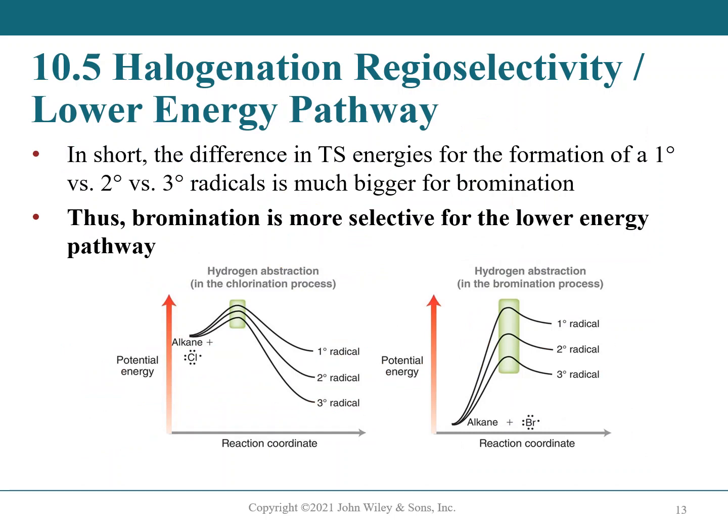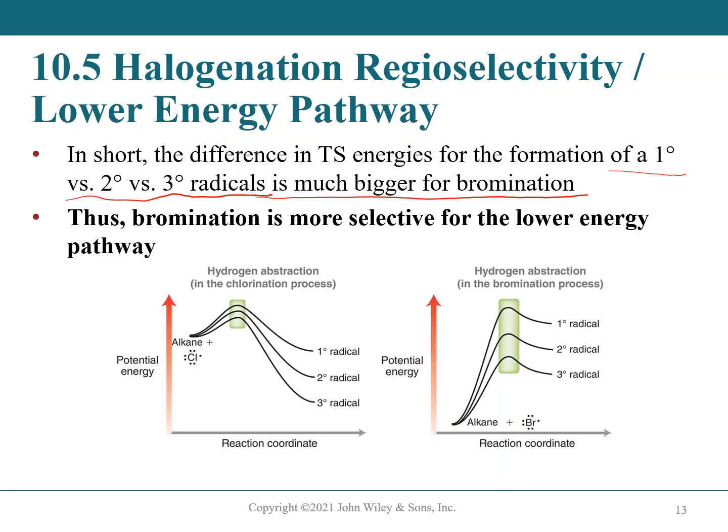To understand this big difference between chlorination and bromination, we just need to take a look at primary versus secondary versus tertiary radicals. It's a much bigger difference for bromination than it is for chlorination.